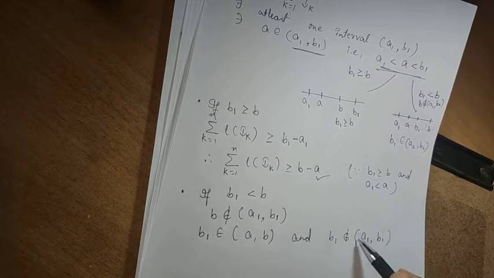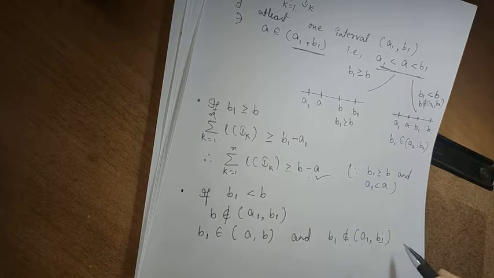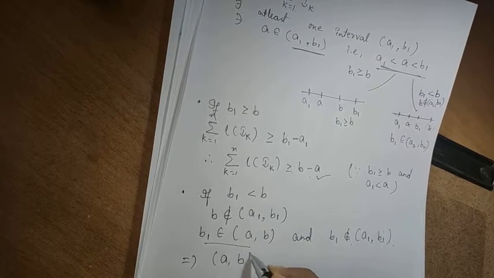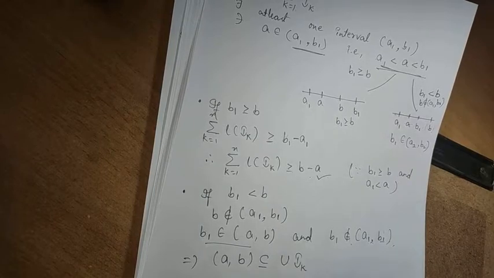Since it is an open interval, the endpoint of the interval will not be contained. That's why b does not belong to (a1, b1). So this implies (a, b) is a subset of the union of Ik.